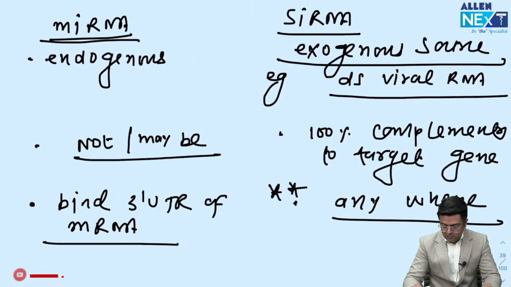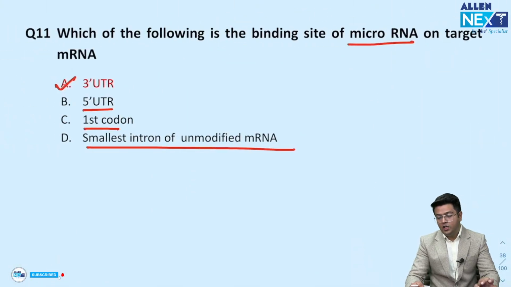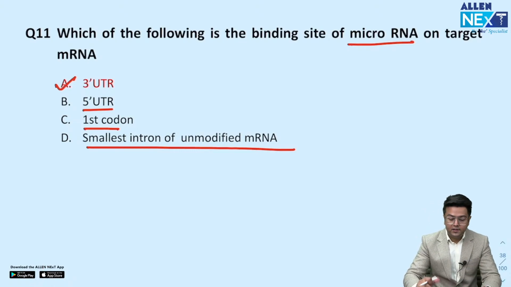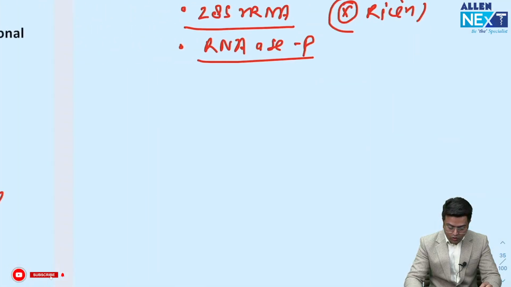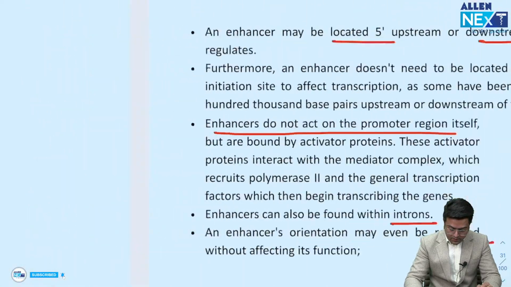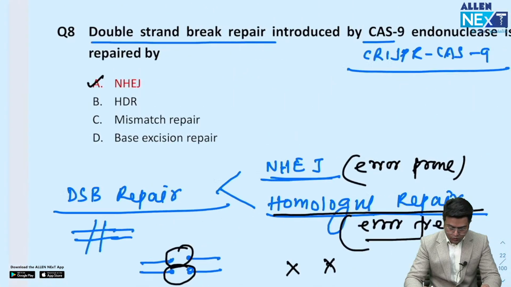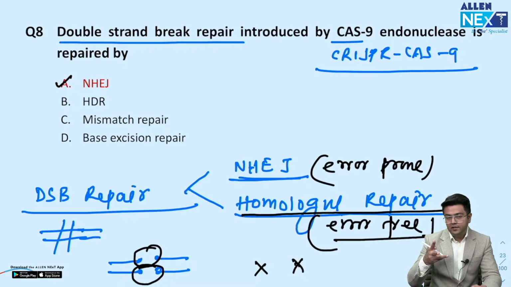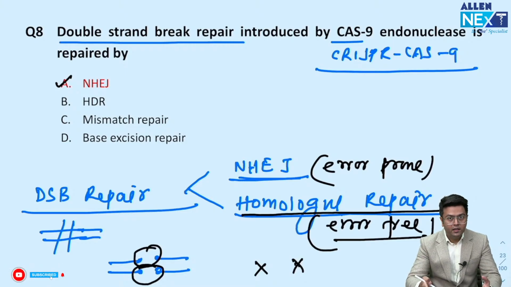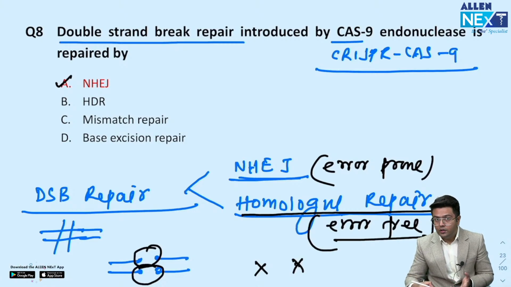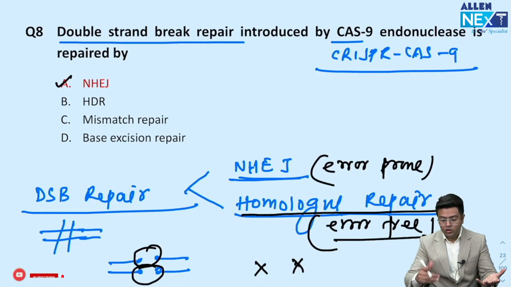Now guys, when somebody asks you what is gene knockout and gene knock-in, knockout and knock-in can be done using CRISPR-Cas9. In the previous question, when we were talking about CRISPR-Cas9, there was a question, right? CRISPR-Cas9 introduces a double strand break, and if you remove the target gene, that is called gene knockout, and when you insert a new gene, that is called gene knock-in. Got my point?